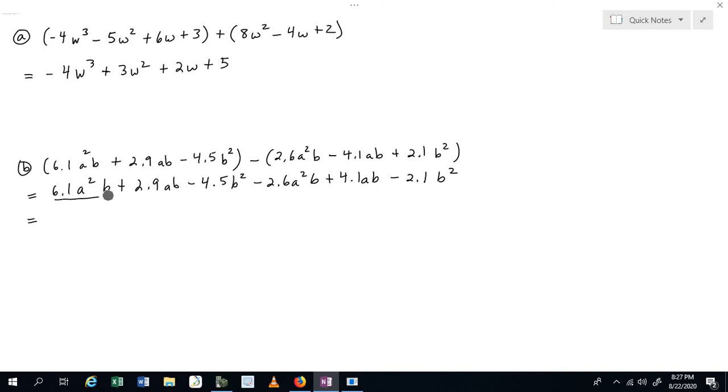So you can see that a squared b and this a squared b, we can group those together. And then we have an ab term. So this term can be grouped with this term.